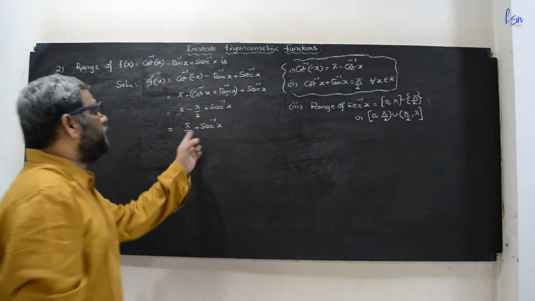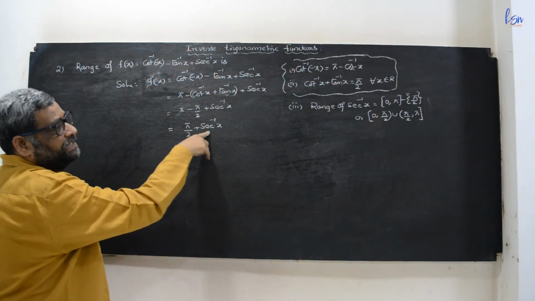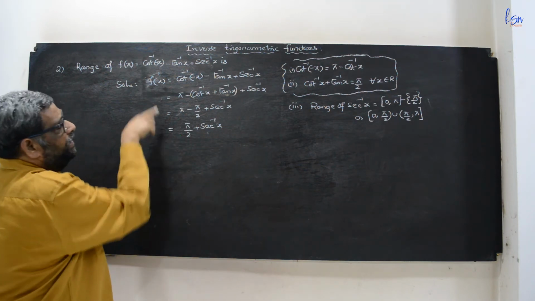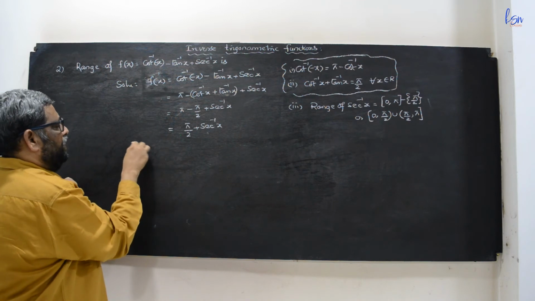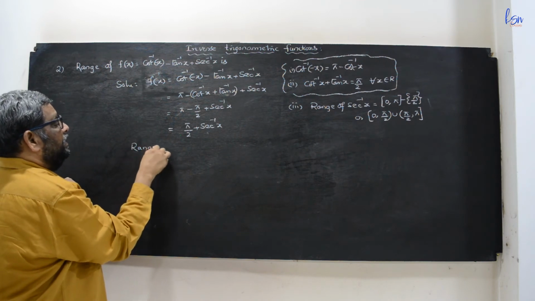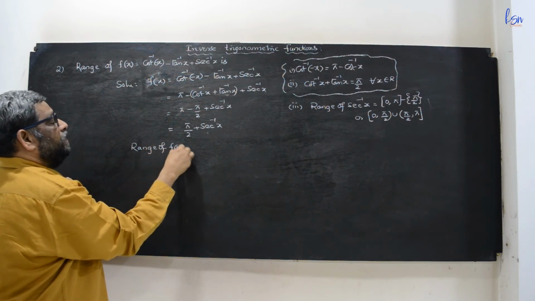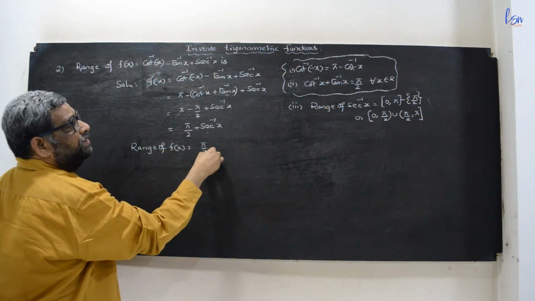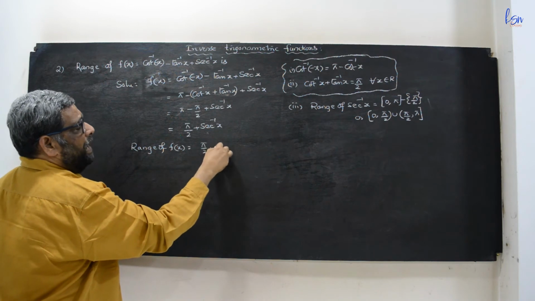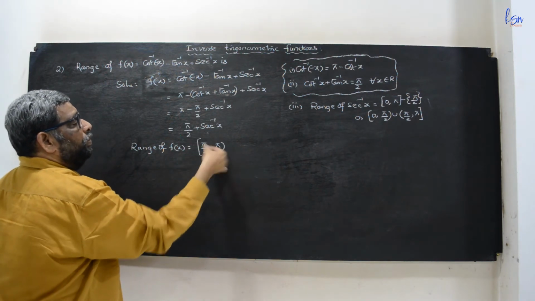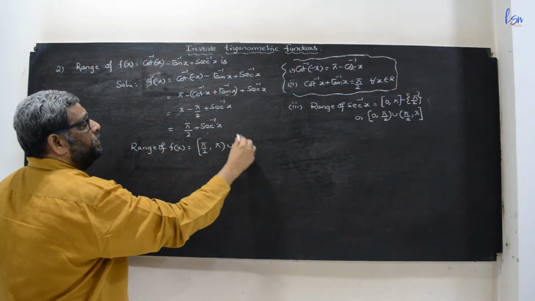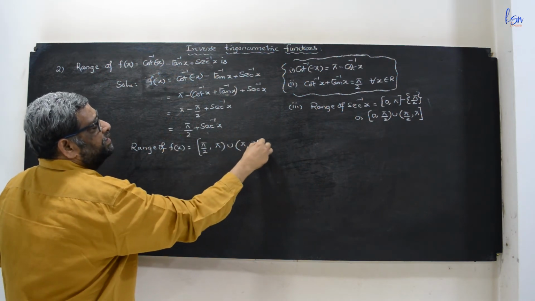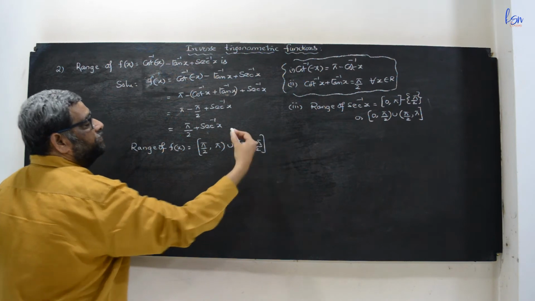Now here you can add this to the range of secant inverse x. Therefore range of f x is equal to pi by 2 plus 0 to pi by 2, pi by 2 to pi, which gives pi by 2 to pi, open union pi to pi plus pi by 2, means 3 pi by 2. So this is the range of that one.